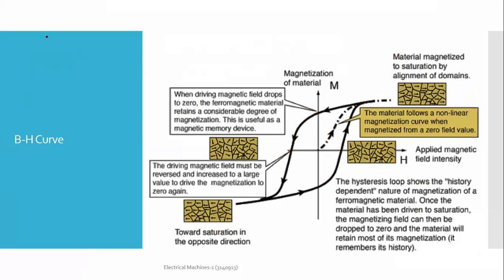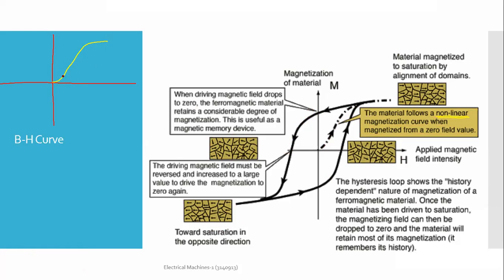Now, if you see the BH curve here, which represents the magnetizing of any core, the nature is like this. So this is the initial non-linear magnetization. Here you can see it has a total of three different regions.